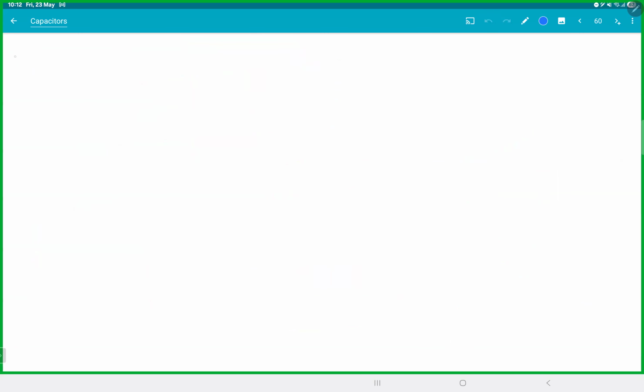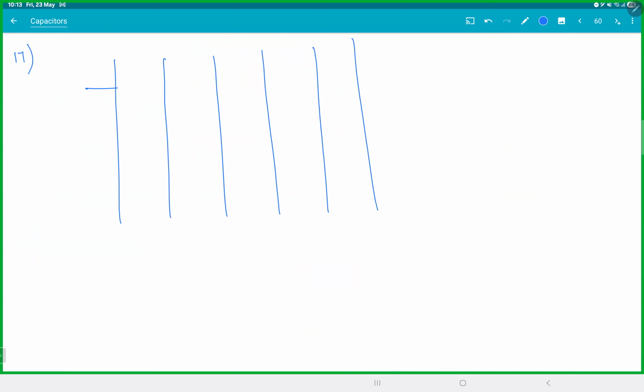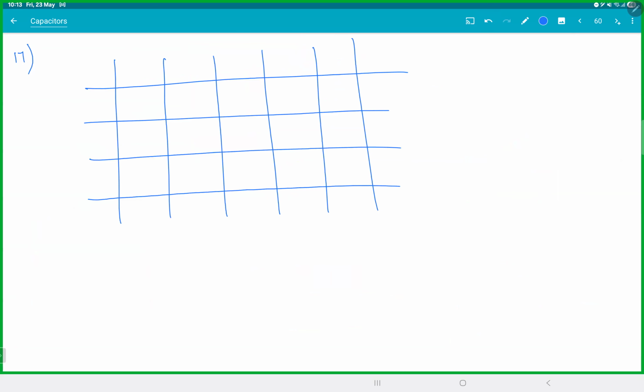Now in infinite grids, we have another variety. This is a good one. This is an infinite grid. Each segment is a capacitor. There are infinite capacitors.